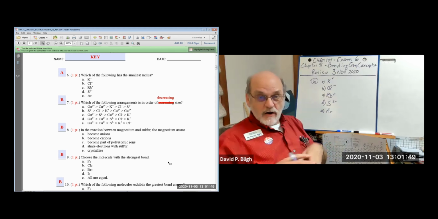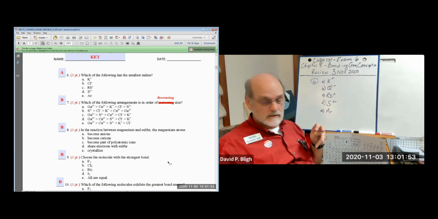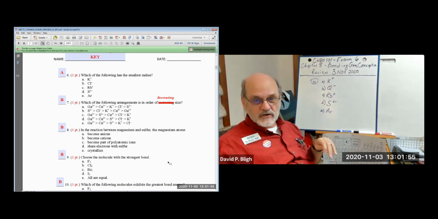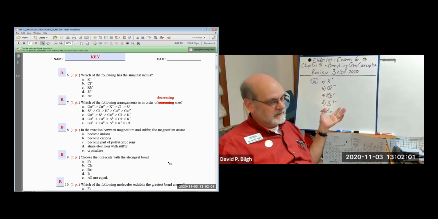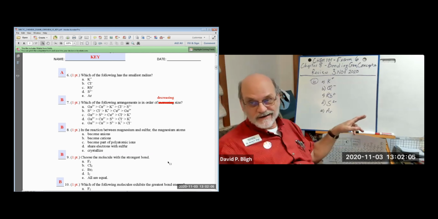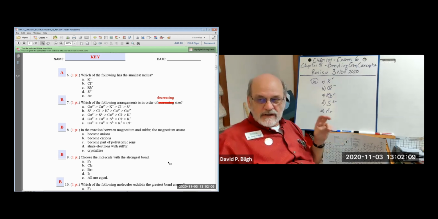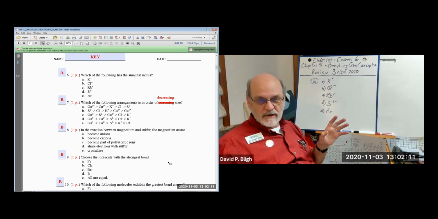All right, so now if we're looking at just the ground state atoms, then the periodic trend for decreasing radius is the same as the electronegativities, lower left to upper right. But we're looking at ions, so we need some other way to compare them.